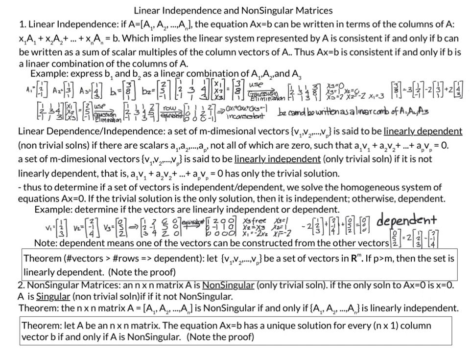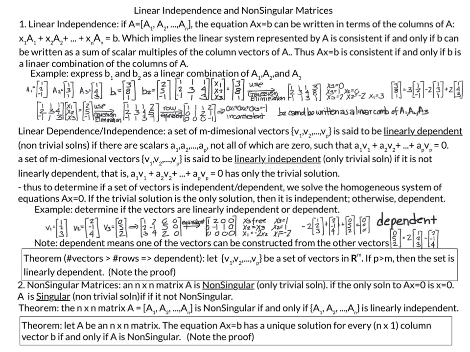Thus, Ax equals b is consistent if and only if b is a linear combination of the columns of A. We had two examples here, one where we could write the linear combination and one where we could not. So one where we have a consistent system and one where we have an inconsistent system.